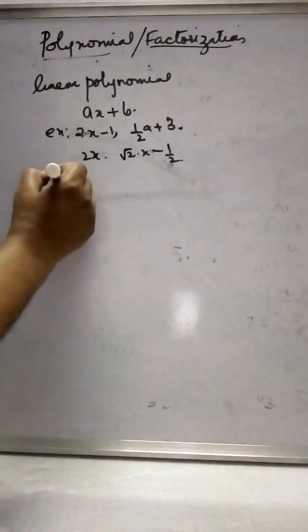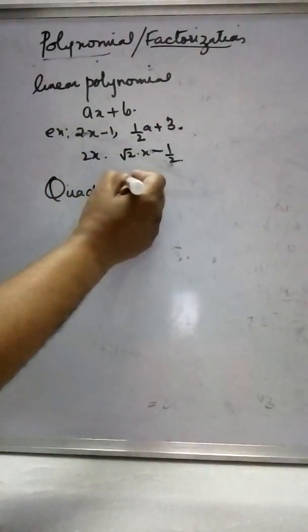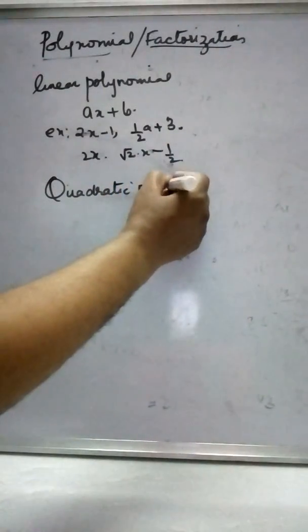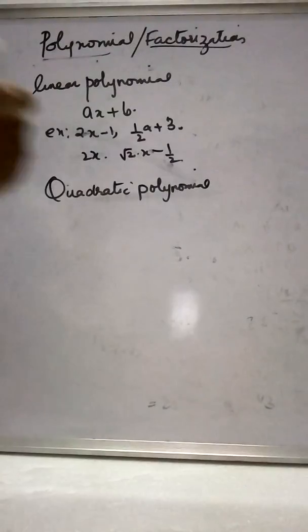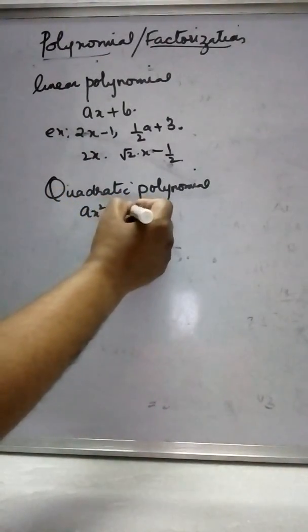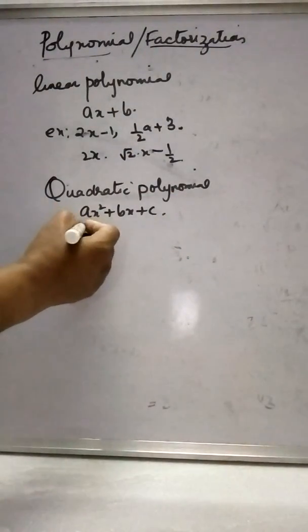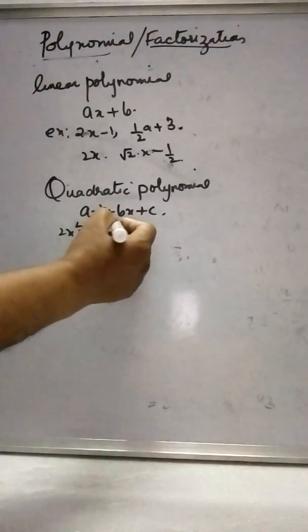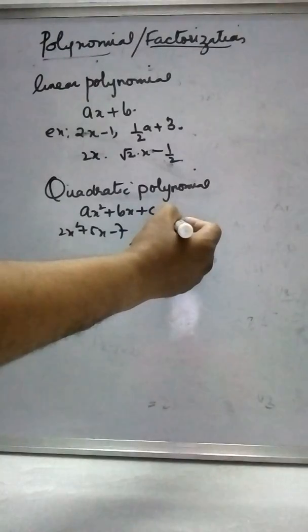Now next you have the quadratic polynomial. The general form is written as ax square plus bx plus c. This is called a quadratic polynomial. So I can say 2x square plus 5x minus 7, or 1 by 2x square plus 2.